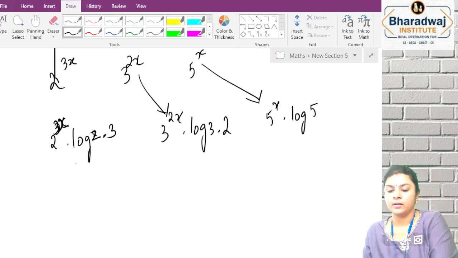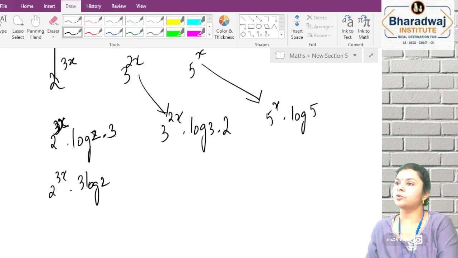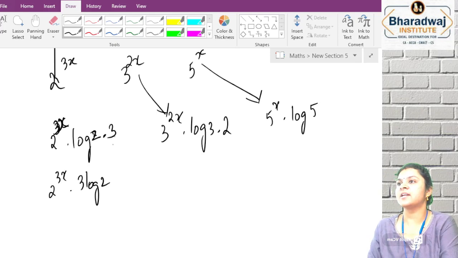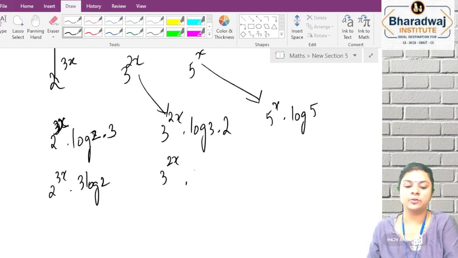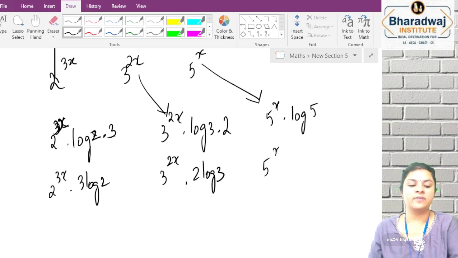Now 2 power 3x into 3 log 2. Log 2 into 3 is 3 log 2. Please don't write this as log 6 in a hurry. 3 log 2. This one is 3 power 2x into 2 log 3. This one is 5 power x into log 5.